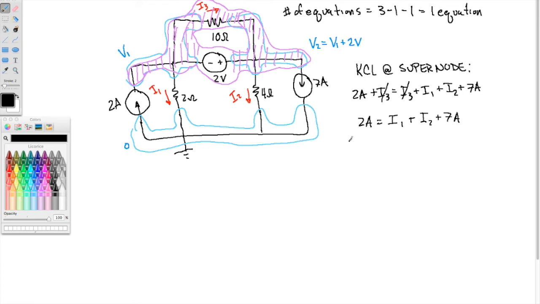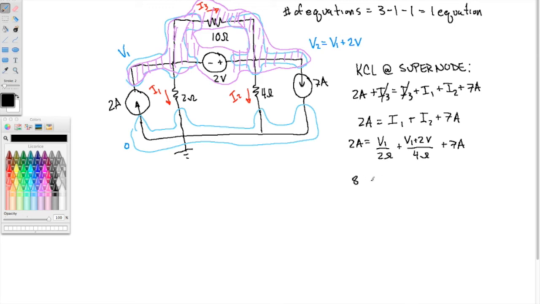Alright, so let me rewrite those currents in terms of the unknown voltages. So I1 is V1 minus 0 over 2 ohms, V1 over 2 ohms. Plus I2 is the voltage here over 4 ohms. And we're not going to write V2, we're going to write V1 plus 2 volts over 4 ohms. And then plus 7 amps. Alright, I'll multiply everything by the common denominator of 4.